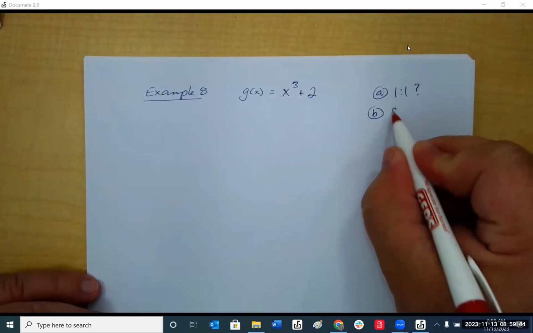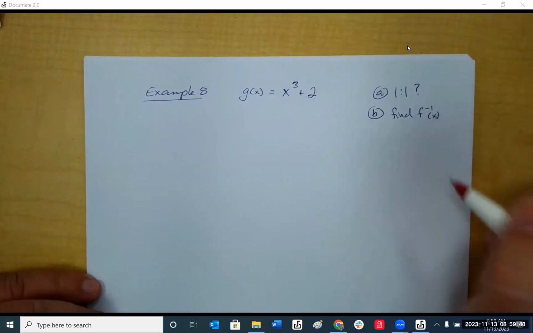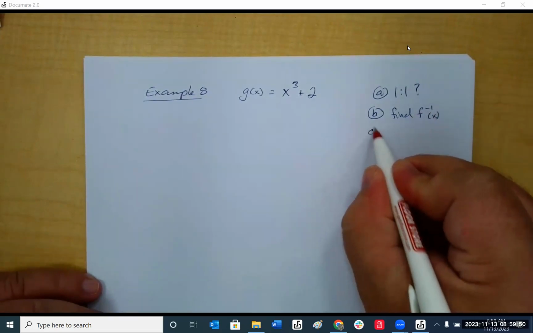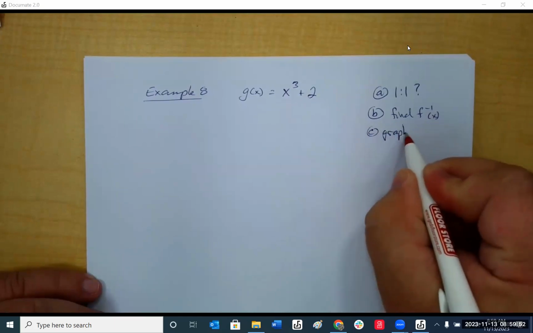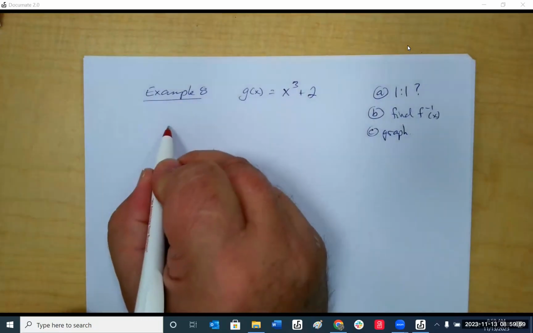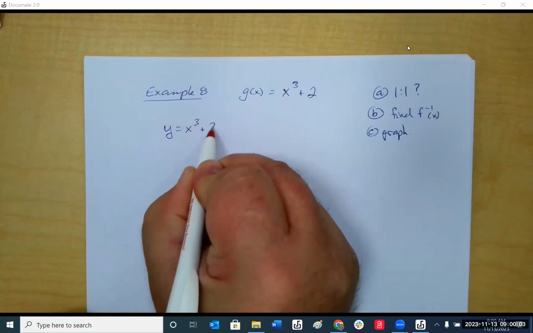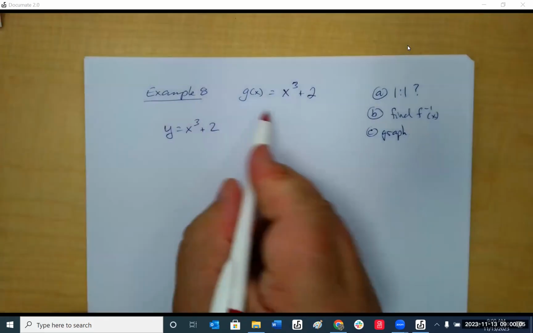If so, find the inverse function and then graph them. That's this equation.